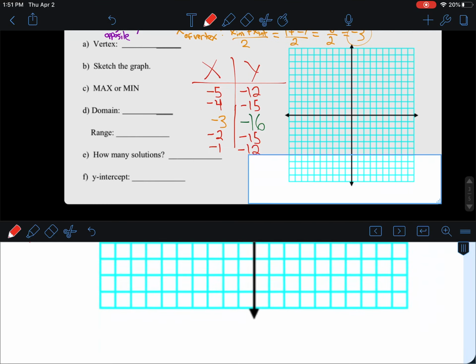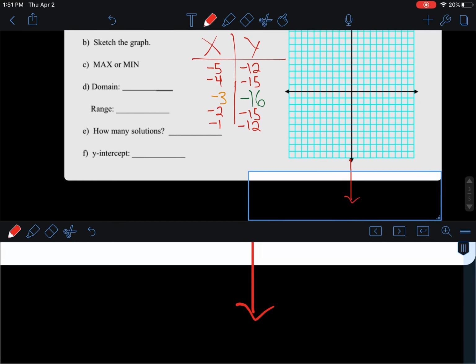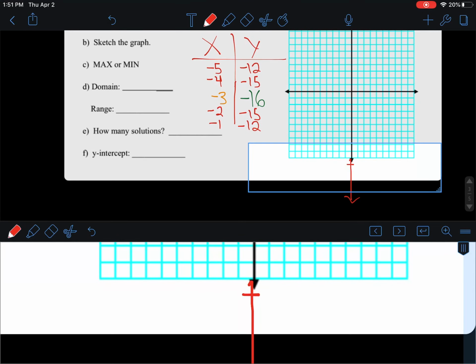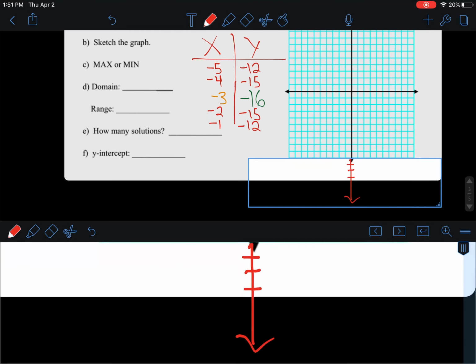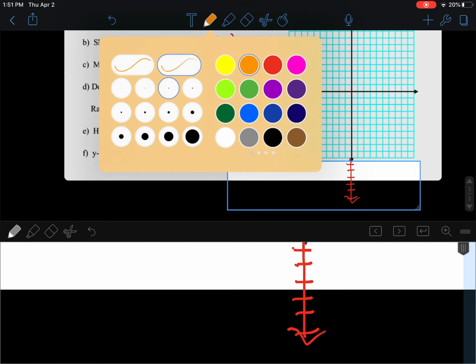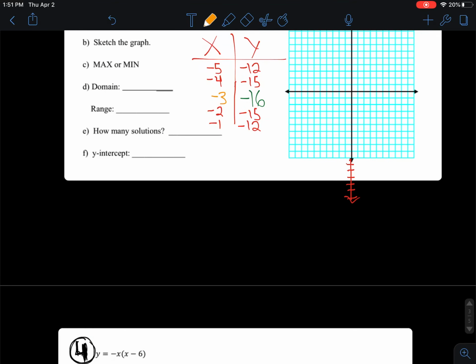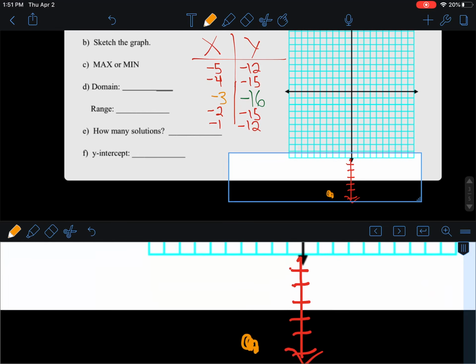It is going to go a little bit off the graph, so I am going to extend my graph here. So this will be -11, -12, -13, -14, -15, -16. There you go. I'm going to go ahead and plot my points. So -3, -16 will be right about there. I'm just estimating a little bit.